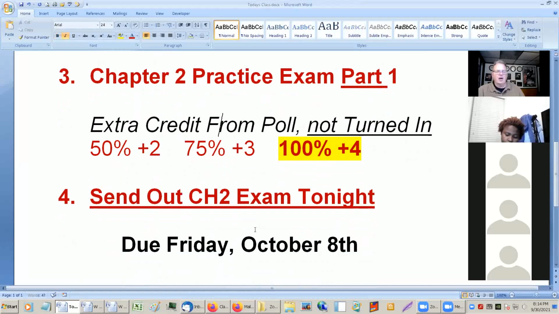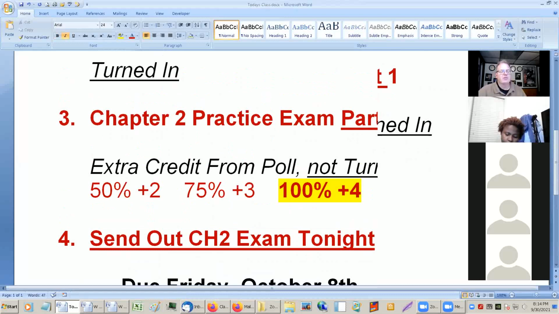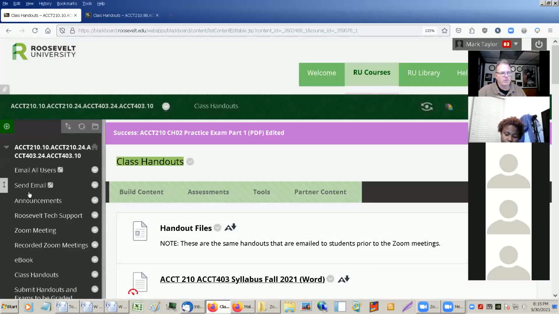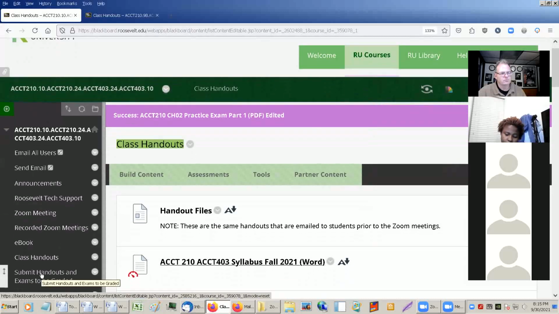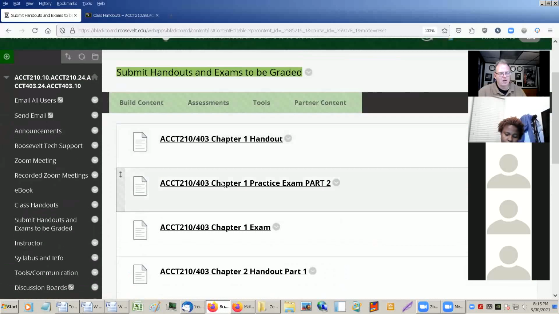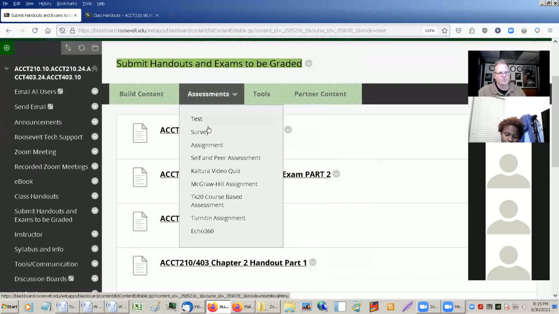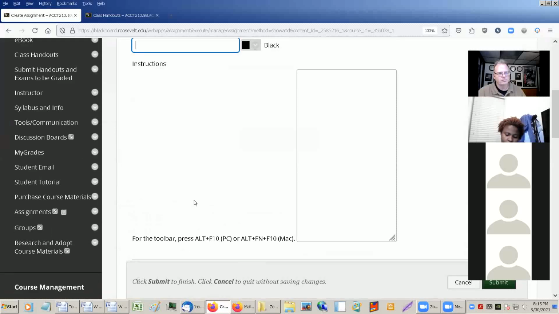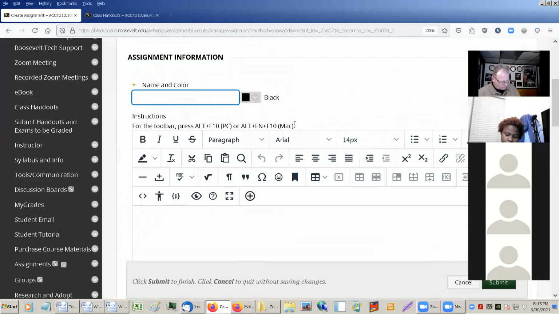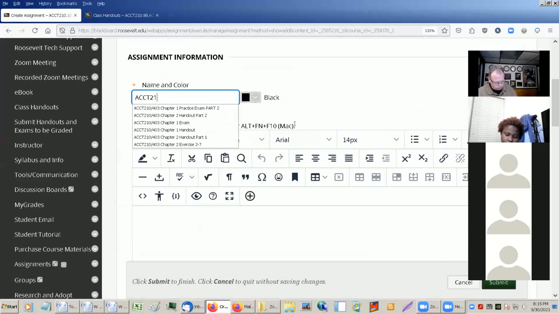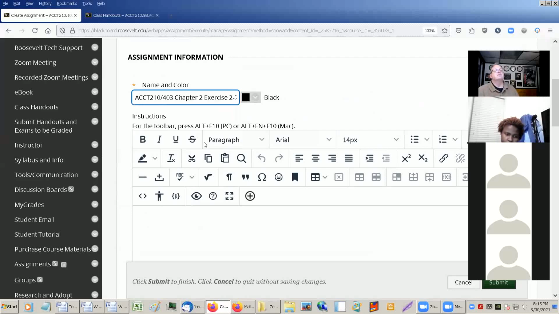All right, so here's what's going to be in Blackboard. You're going to submit, let's see here, the Chapter 2 exercise 2-7.